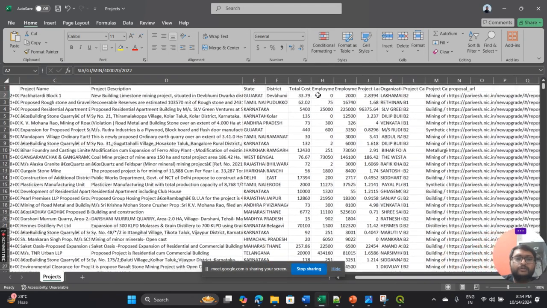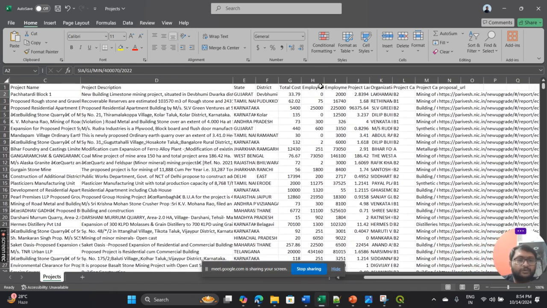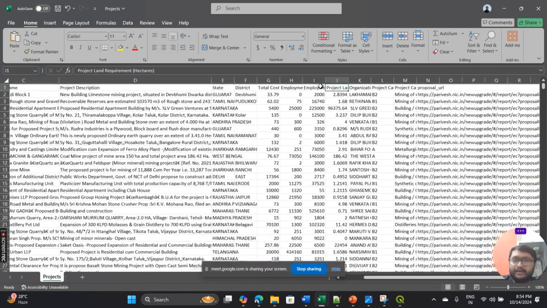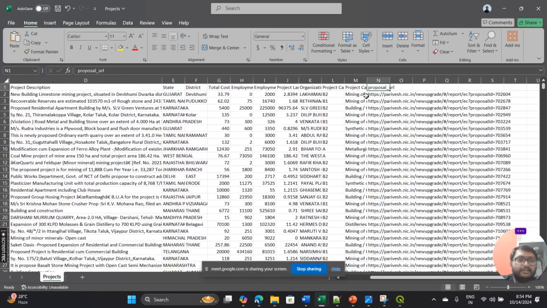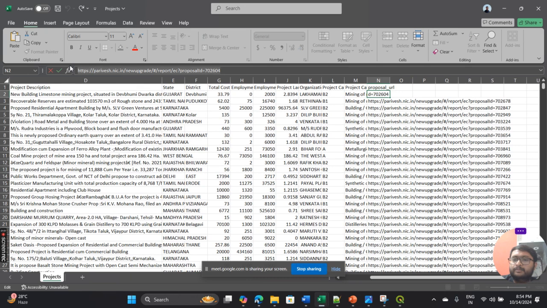Then state, district, total cost, how much employment it will generate during construction, how much employment it generates during operation, then project land requirement, then the organization doing the project, then project category, and then proposal URL.